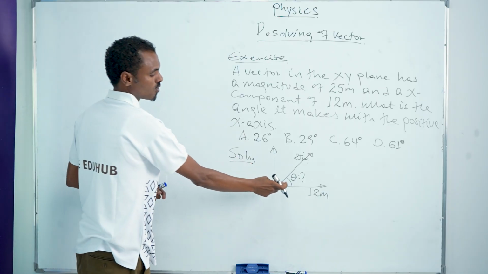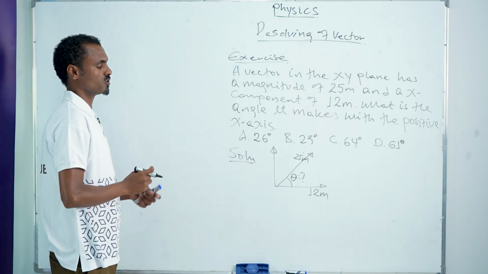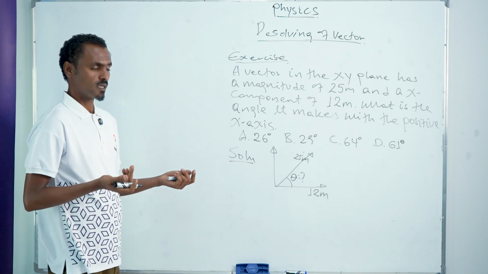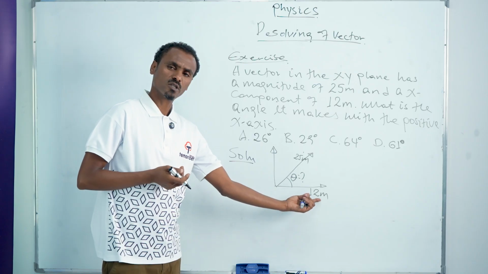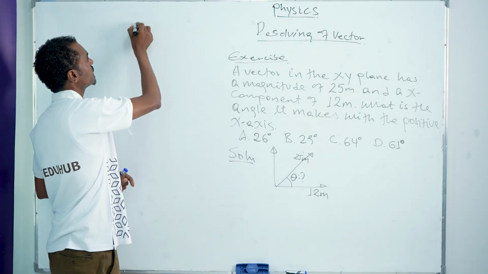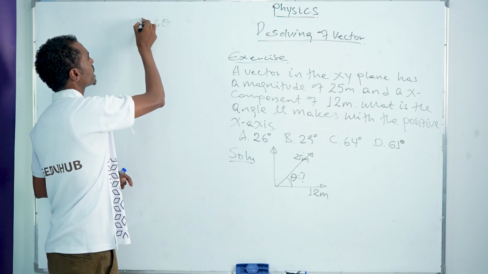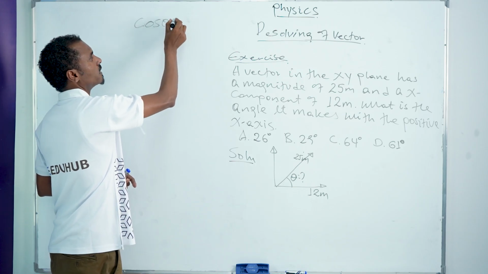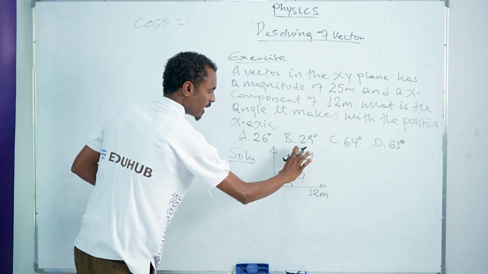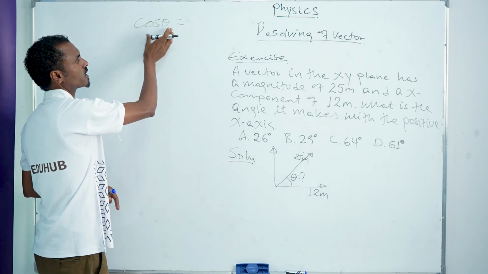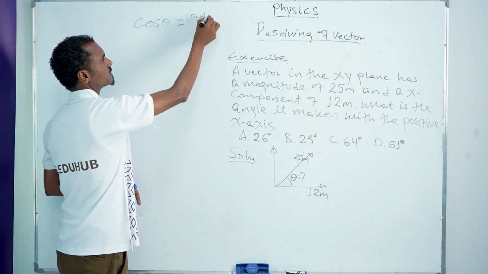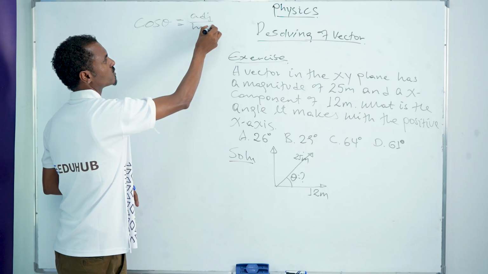What is required is the angle set between the resultant and the x component, but which one is given? Our x component is already given, so from the trigonometric expression, cos theta is equal to the adjacent side over the hypotenuse.